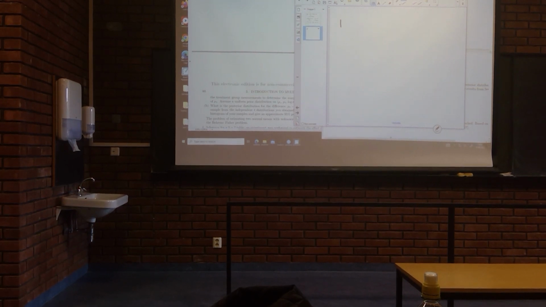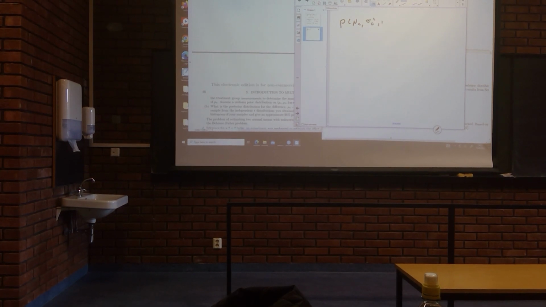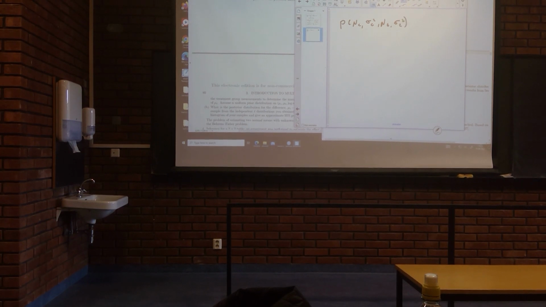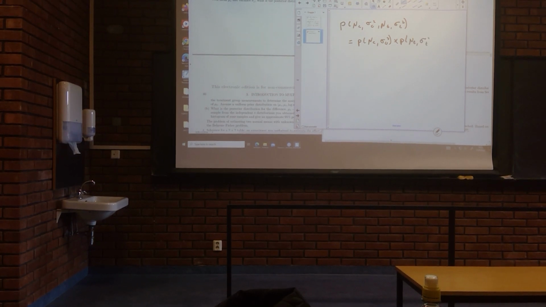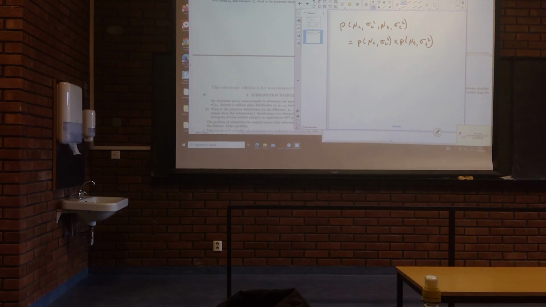So since p of mu_c, sigma_c squared, mu_t, sigma_t squared can be written as p of mu_c, sigma_c squared times the prior for the treatment group, we have independence there.